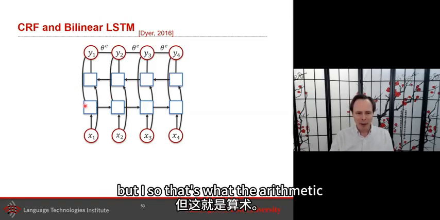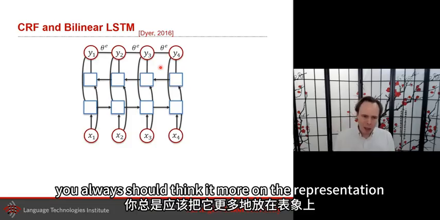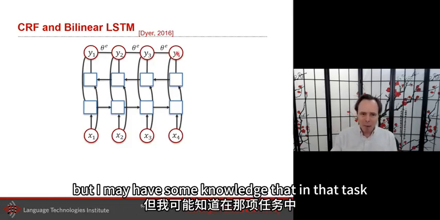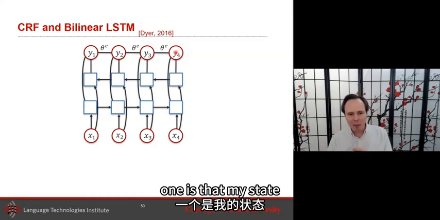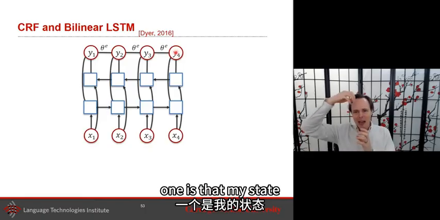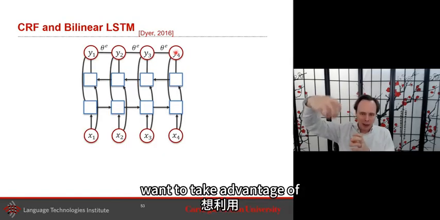That's what the LSTM does, but with the LSTM you should always think of it more on the representation learning side. But I may have some knowledge that in that task, there are two things that are useful with the CRF. One is that my state has a nice discrete clustering that I want to take advantage of.